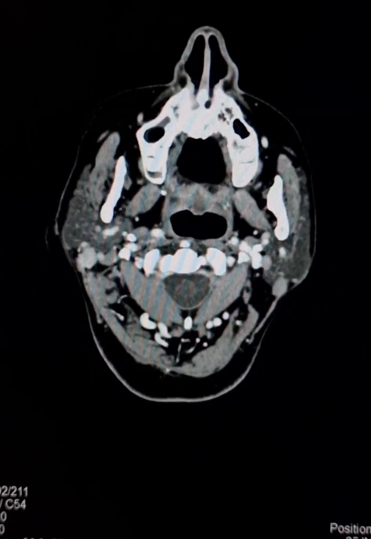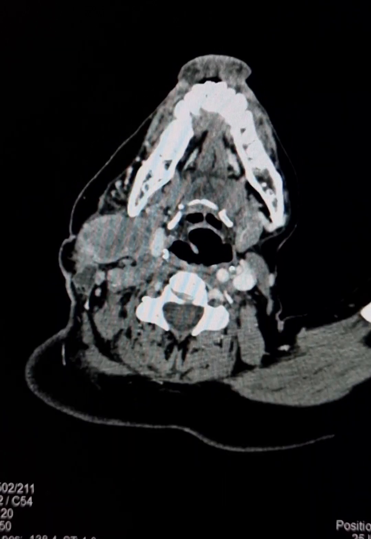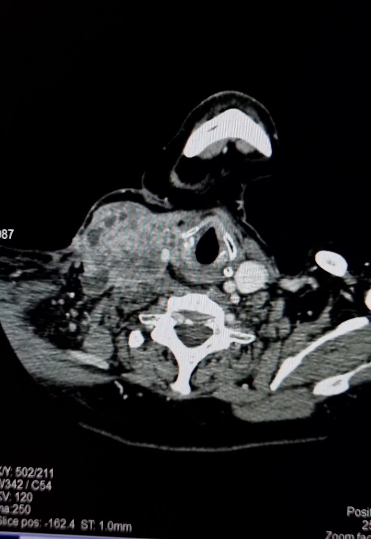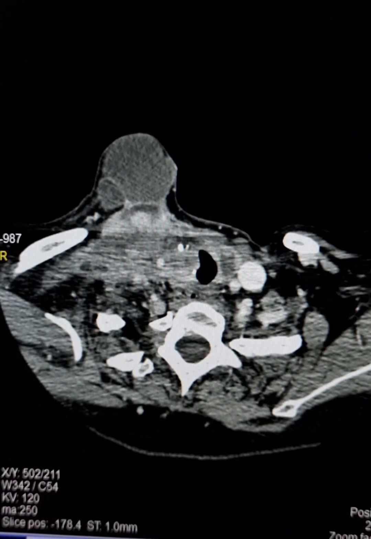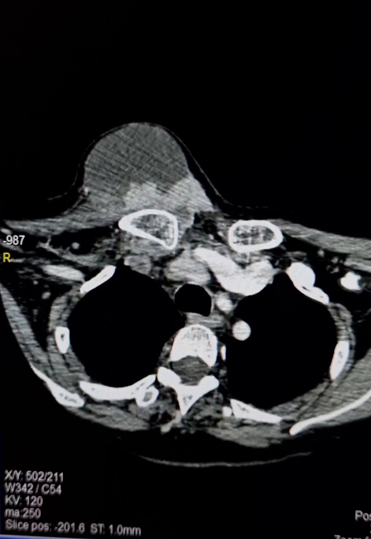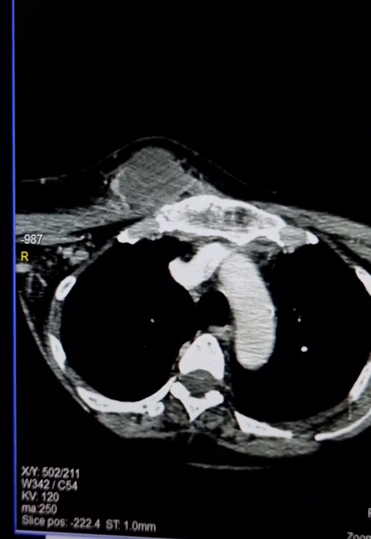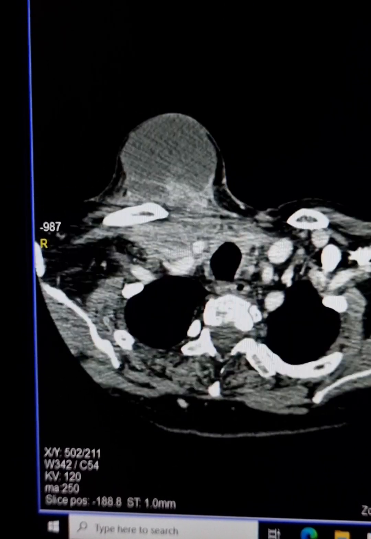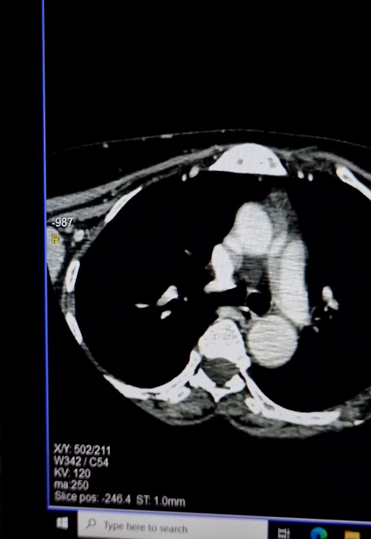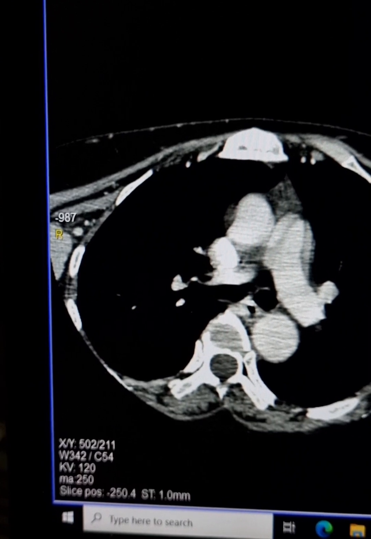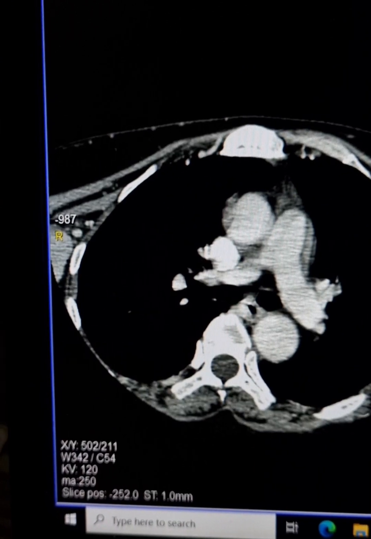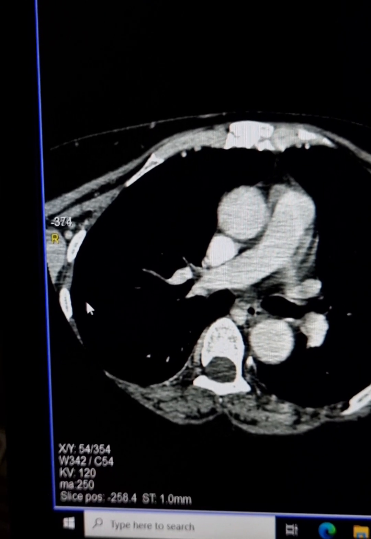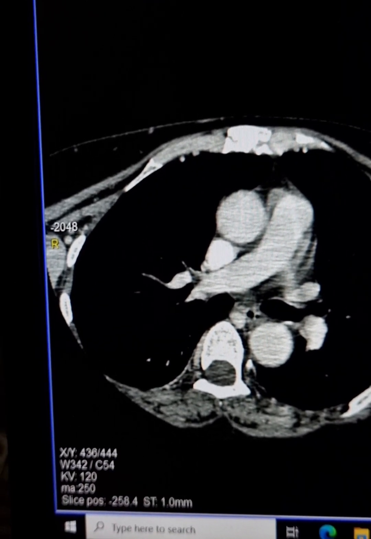This is a known case of carcinoma of thyroid, right lobe. First, I will show you its extent, the metastasis. This is a lymphoid mass here.